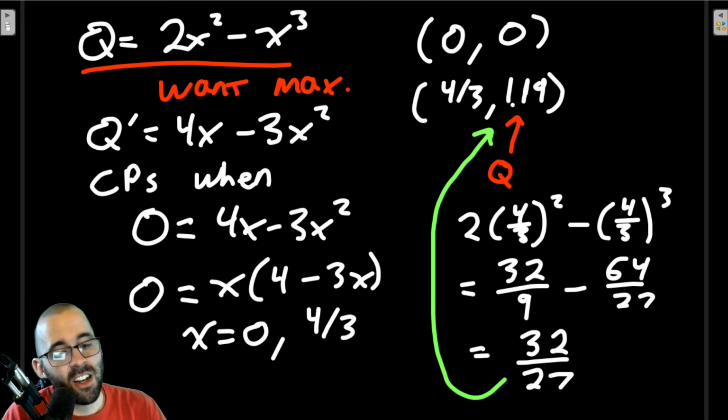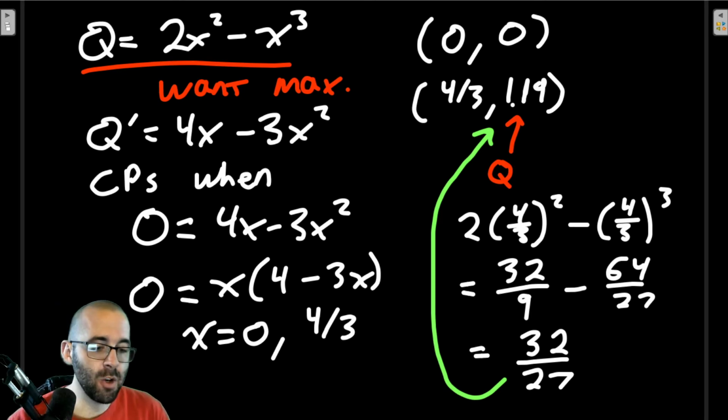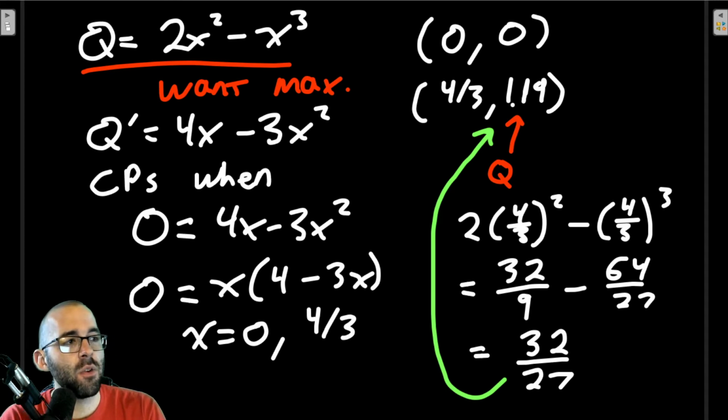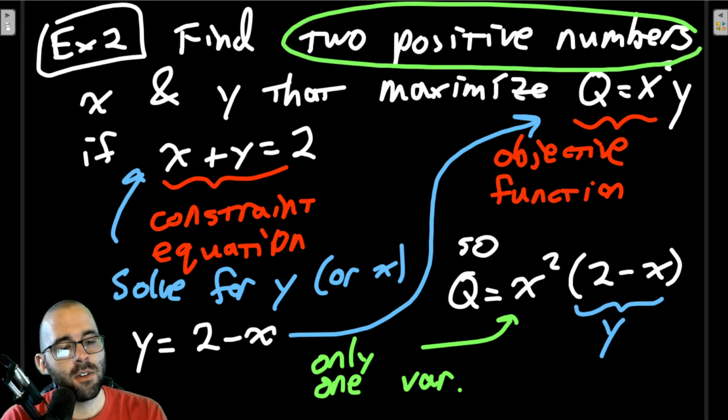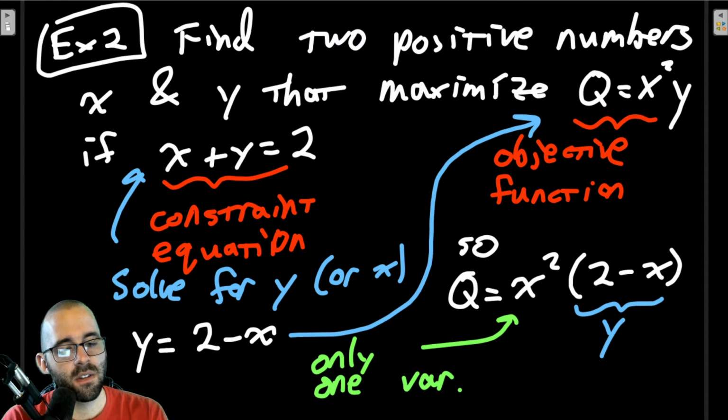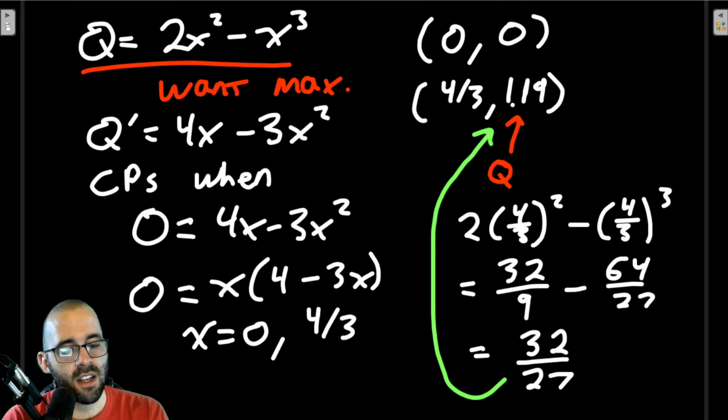But we have to check the end behavior for a global extrema. Find what the actual biggest value is. We have to look at the ends. And the ends are not super easy to find here. And it all goes back to this. We need two positive numbers. To check the endpoints, look at, okay, what has to be true about x?